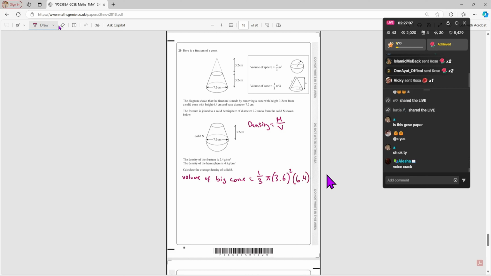Once you've got that, we can put this into your calculator and you're going to get the volume of the big cone, which is equal to 86.8587 centimeter cubed, okay?